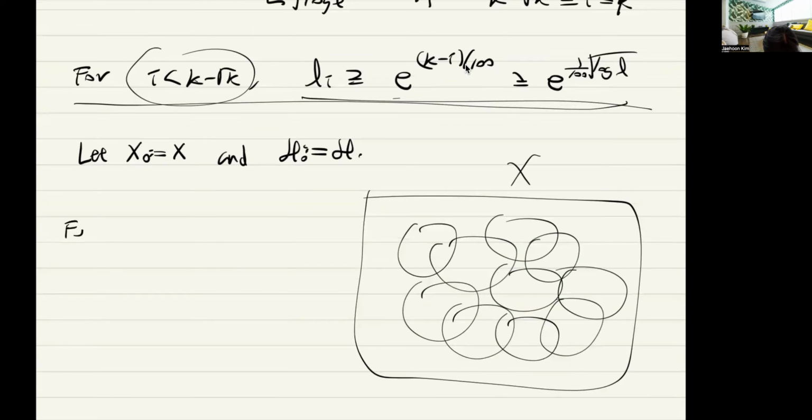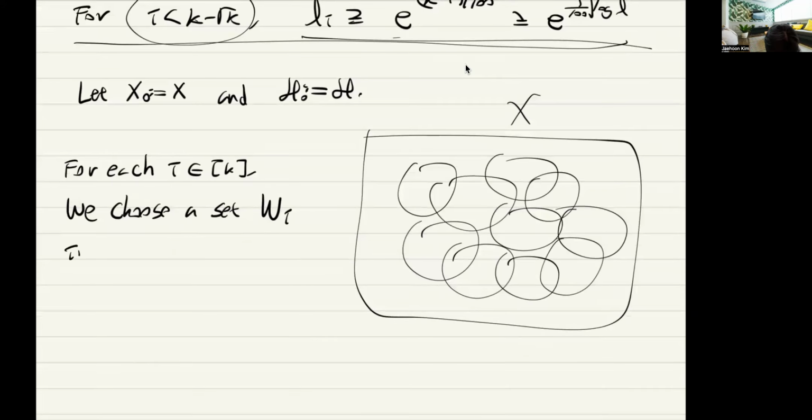Now for each i, what we will do is choose a set Wi, which is a subset of X(i minus 1), and which has size exactly Wi.